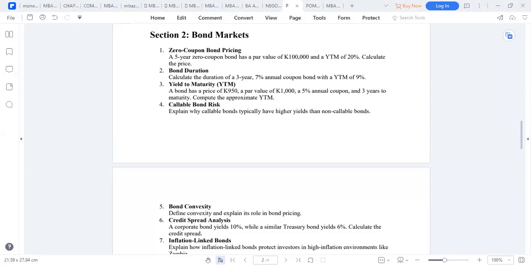So let me just do a quick recap. Can you remember what we covered in the previous sessions? The value of the bond is computed by the following formula.